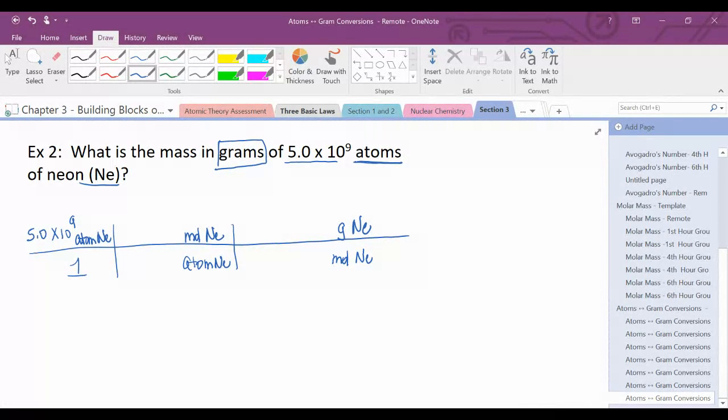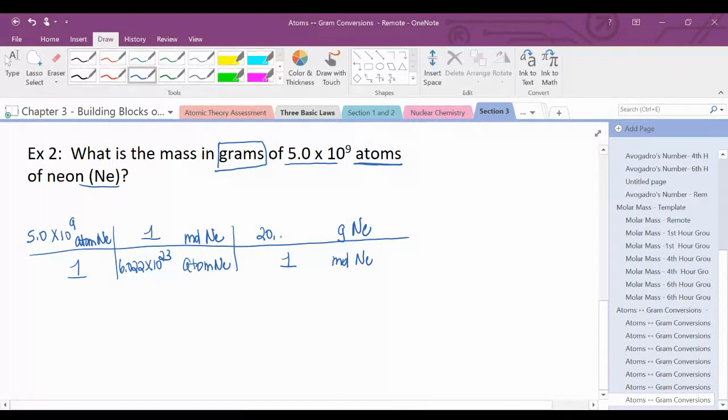If I look at the relationships at the top of my page, the number in front of moles should be a 1, and the number in front of atoms should be Avogadro's number. For molar mass, the number in front of moles should be a 1, and the number in front of grams should come from the periodic table. Neon is atomic number 10, whose molar mass is 20.18.